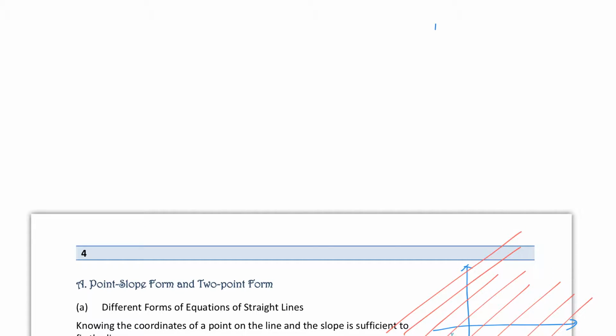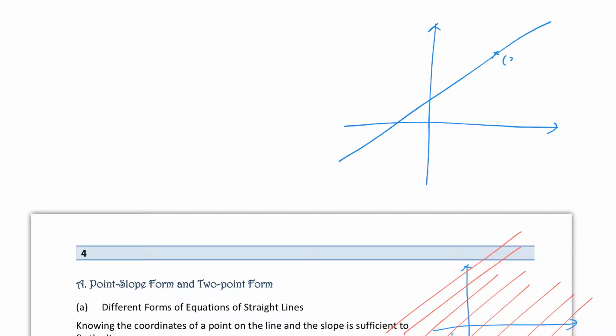What I want to find is the equation of the straight line passing through (3, 4) with slope equal to 1. That means I want to find the relationship between x and y on this straight line that satisfies these two pieces of information.